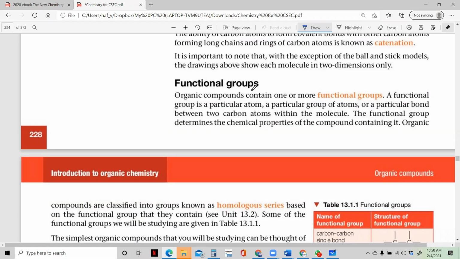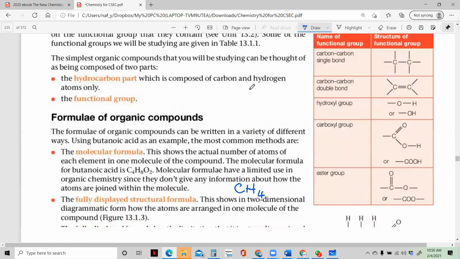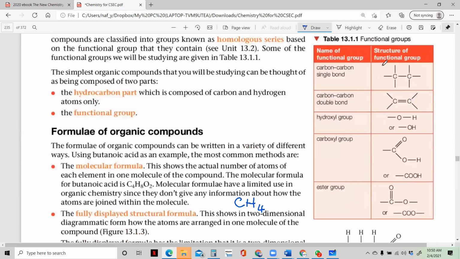Let me give you an example. If we have this functional group here, where you have carbon single bond carbon or carbon double bond carbon, no matter how many carbon atoms are in the chain, once you have a double bond between two, it belongs to a certain group.